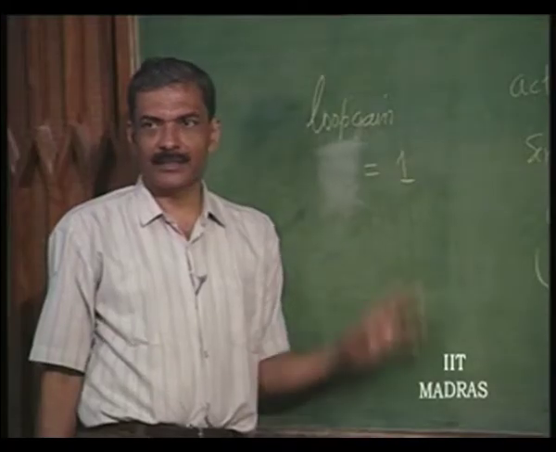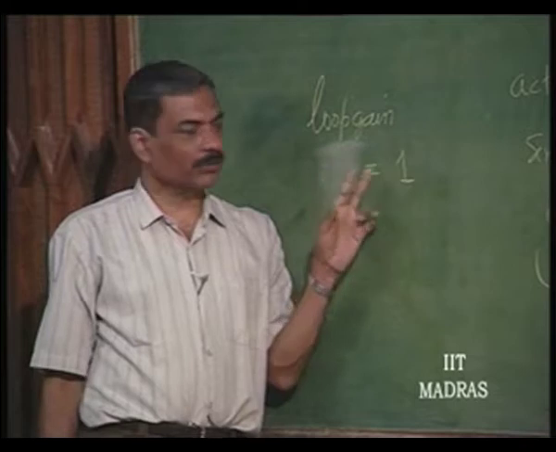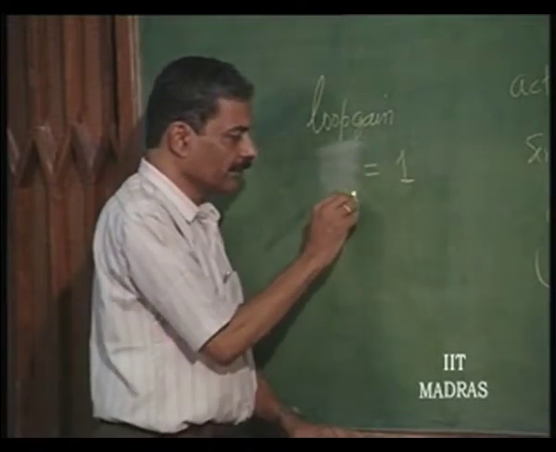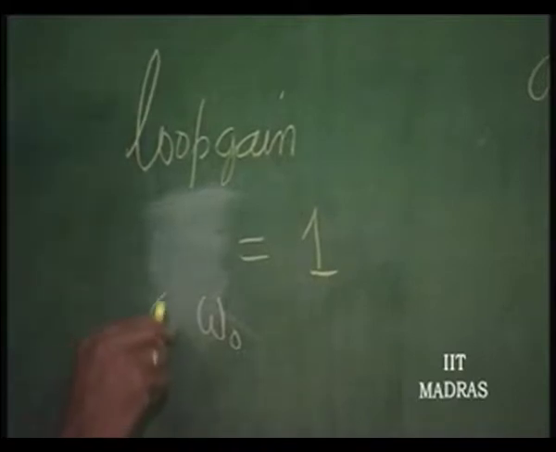That is, there is 0 phase, and the magnitude becomes equal to 1 at a certain frequency omega equal to omega naught. Then it oscillates. This is what we have shown. At that frequency it oscillates. This is the basic principle.